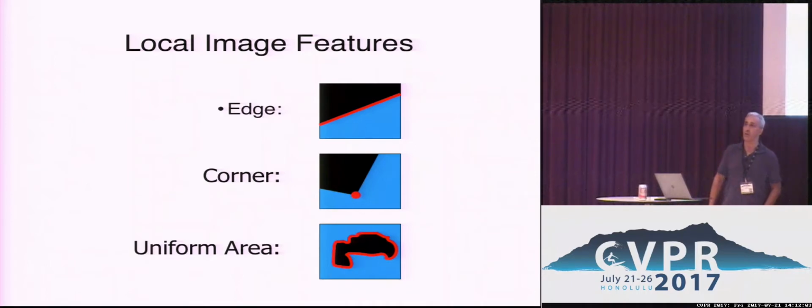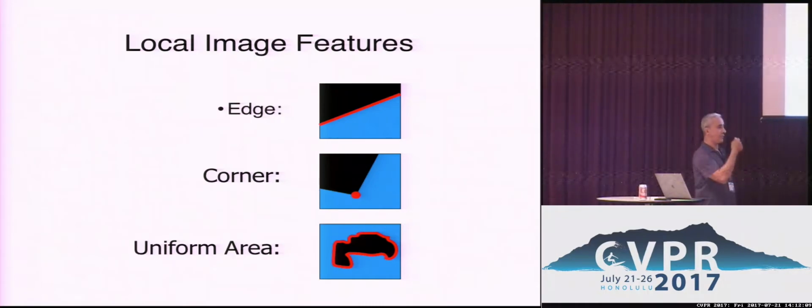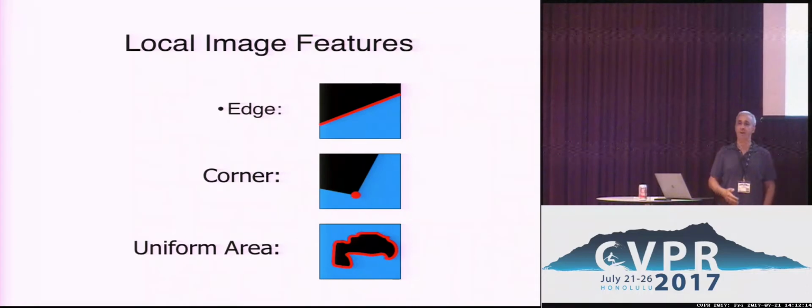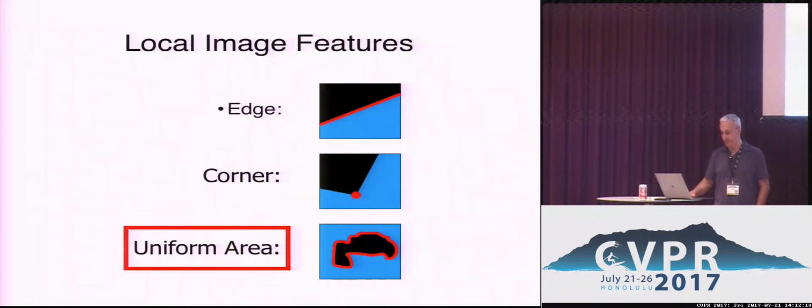So what are these interest points? Well, in an image, typically you will have edges, you'll have corners, and you'll have what I'm calling here uniform areas or blobs. SIFT is really looking at blobs. That's what it's trying to find, little regions that have a more or less uniform gray level.